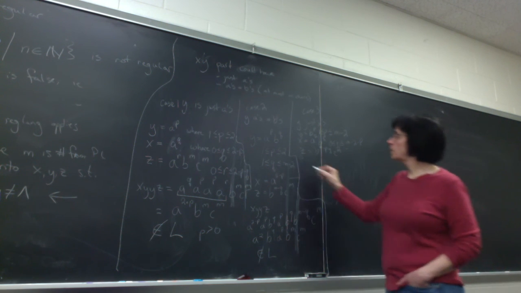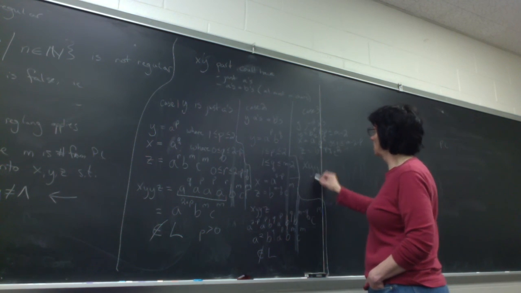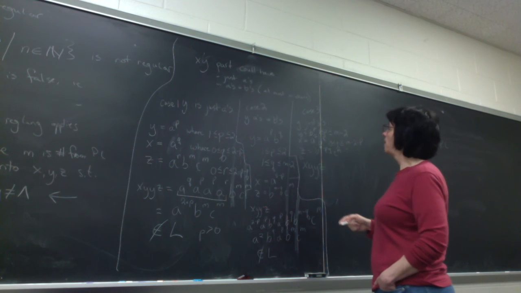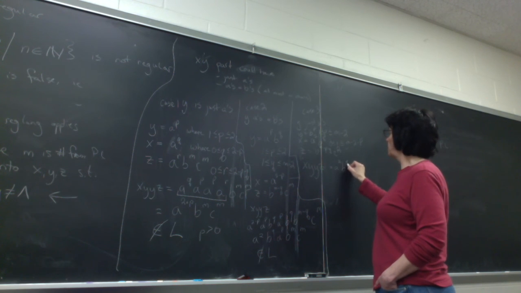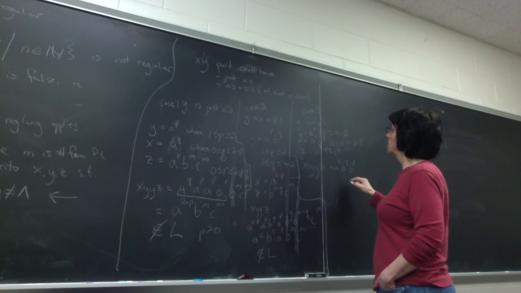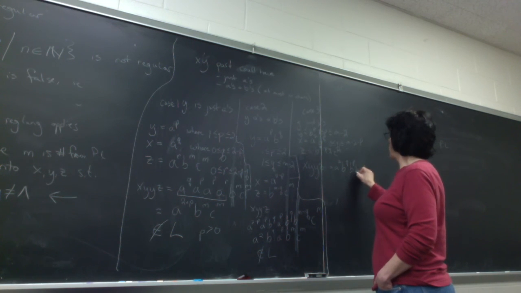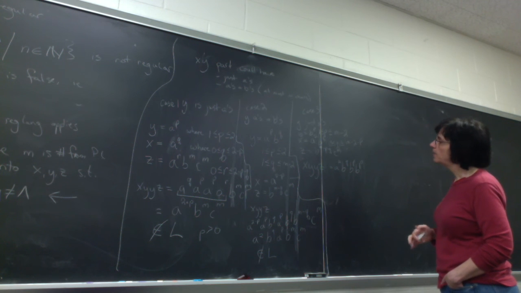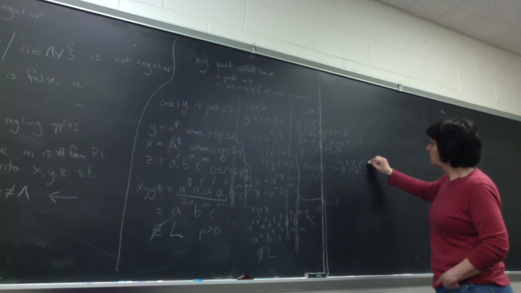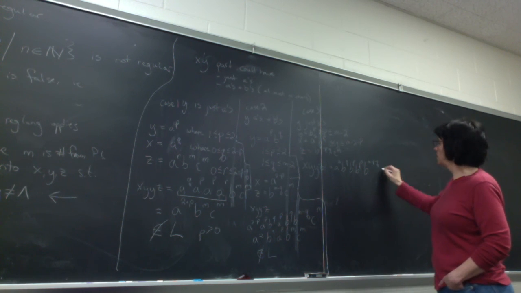So if I look at xyyz, then I get x is a to the 2, b to the q, we got b to the p, and then we got b to the p again, and then we have z, which is b to the m minus p minus q, c to the m.